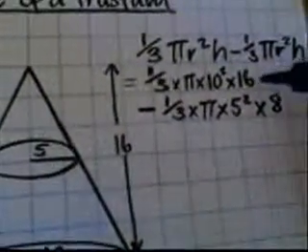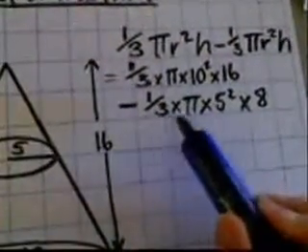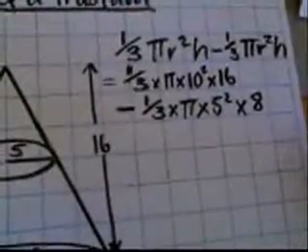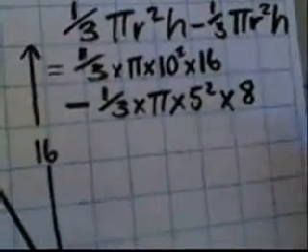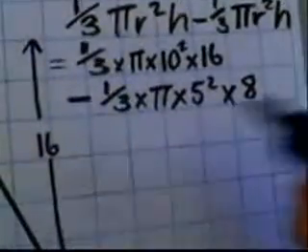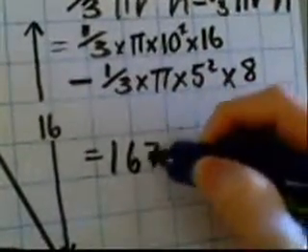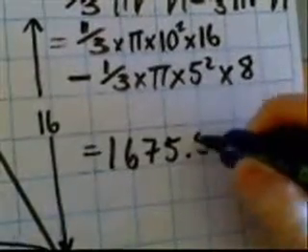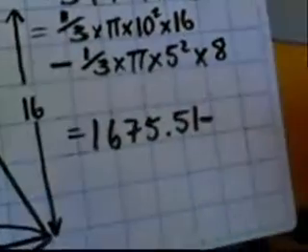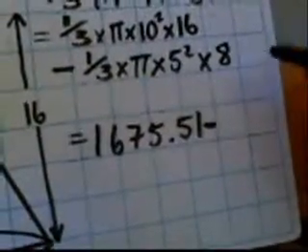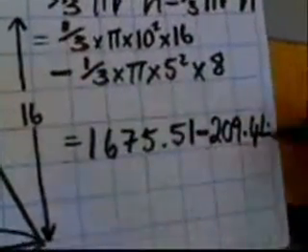Now if we work out those values, here's my larger cone minus the smaller cone. Sorry, I couldn't fit that all into one line for you. If you type that into your calculator, the volume of the larger cone should come up as 1675.51, and the volume of the smaller cone, which we subtract, should come up as 209.44.